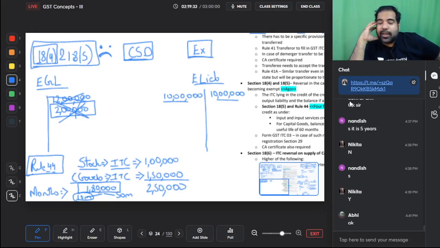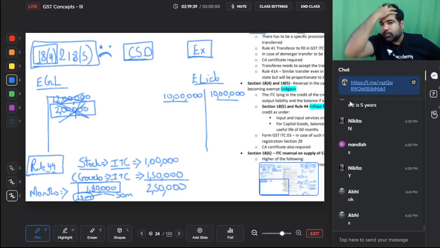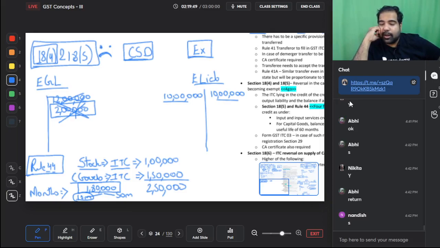It's almost like, guys, when you join articleship, will you be given a laptop from your office? Please tell me, when you join articleship, will you be given a laptop from your office? Yes. But what if in the middle of the year only you leave your articleship? Will they take the laptop back? Yes, they will take your laptop back. Same way, when you bought the stock and when you bought the truck, did you take credit?